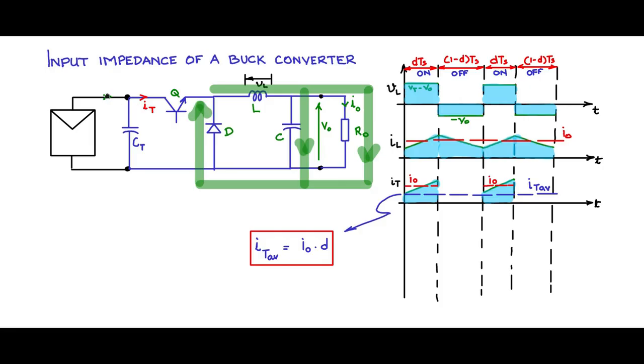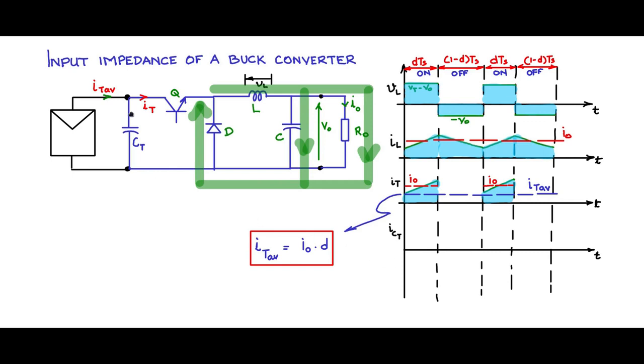And this current I will rename as IT average, and I'm going to draw another waveform section here, and I will call it the current through CT.